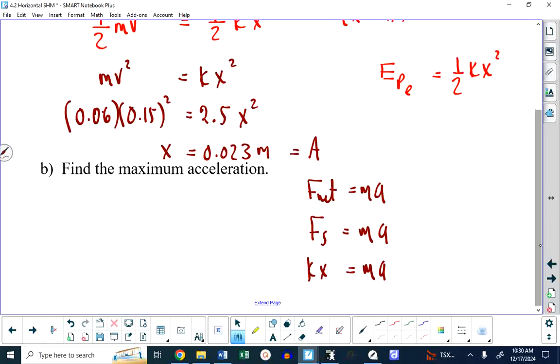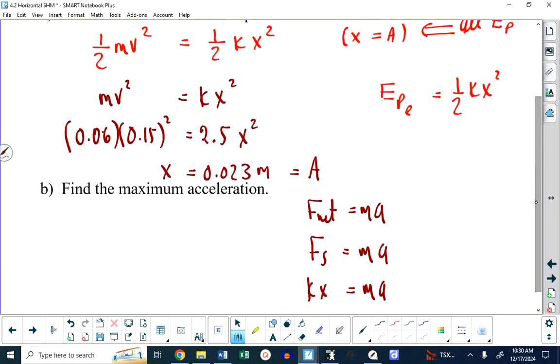And I want to really highlight something, everybody. Up here, this is a statement regarding energy, whereas in B, we're looking at a force analysis, not an energy analysis.